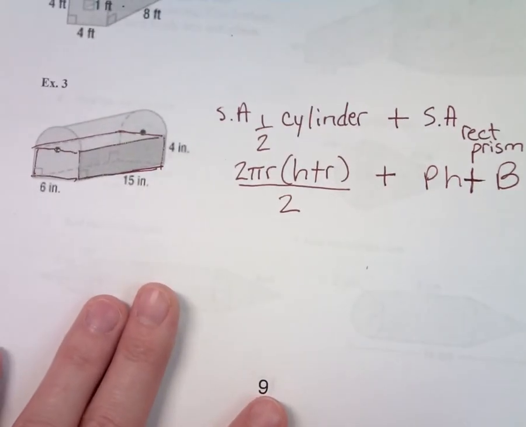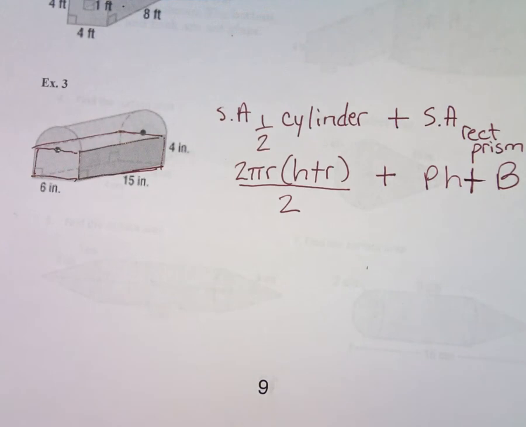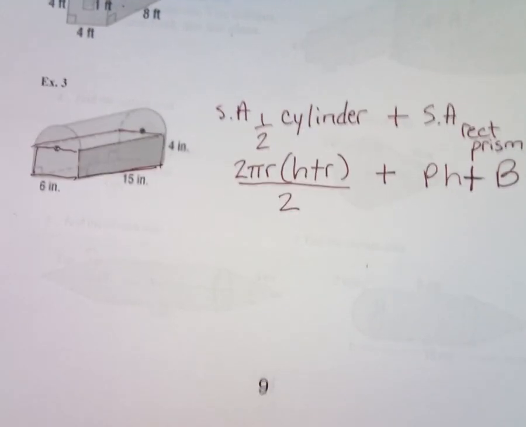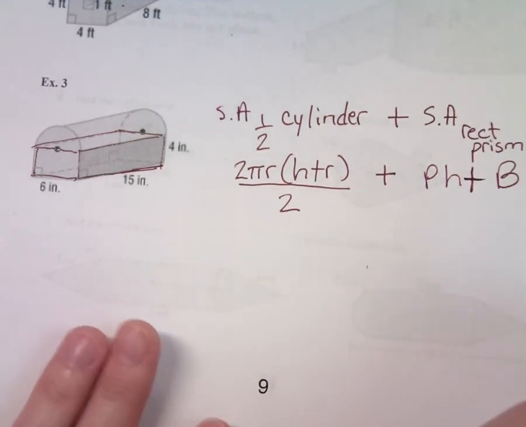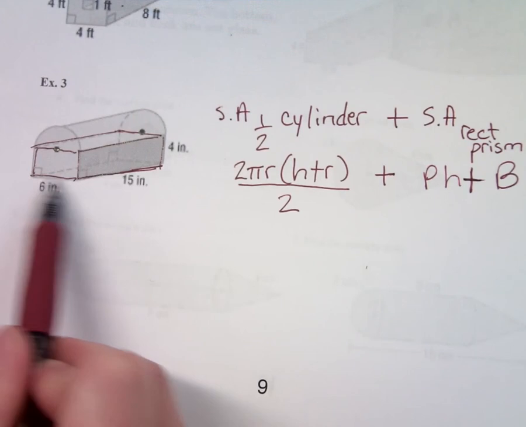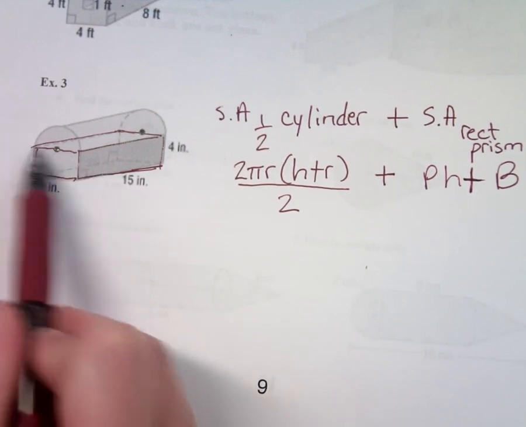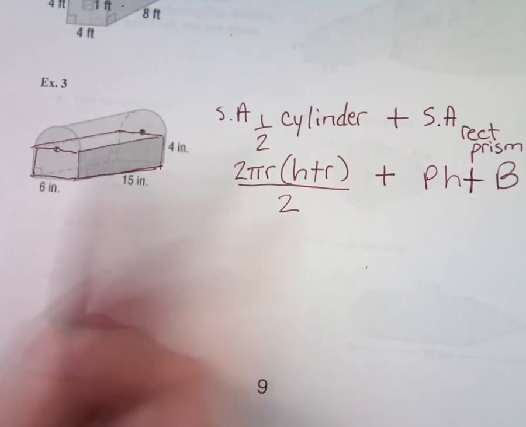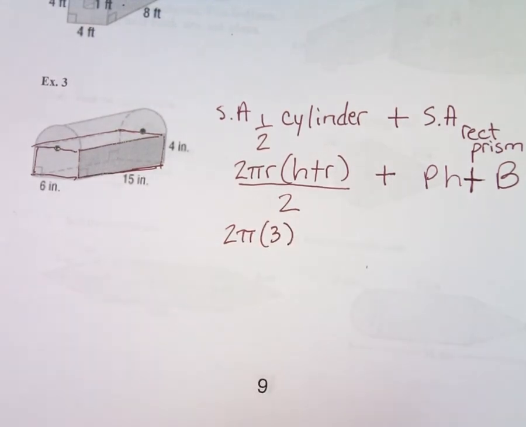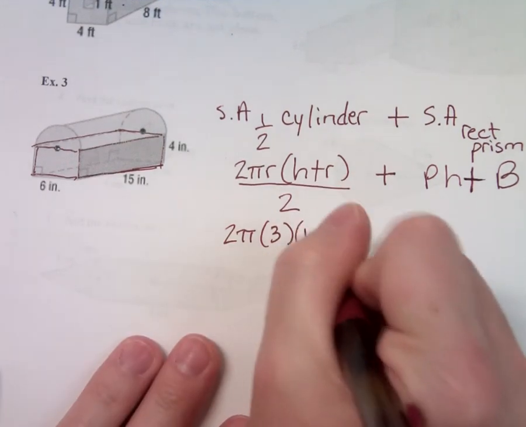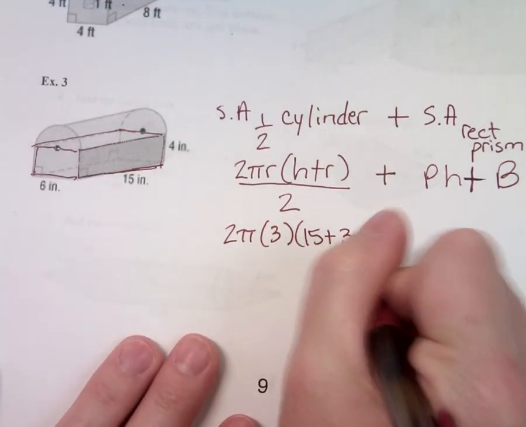Okay, now let's see if we can plug in numbers. Let's start with the cylinder. Do you know what the radius of the cylinder is? 3. The radius is 3, because all the way from here to here is 6. If that's 6, that's the diameter, so the radius would be 3. So I'm going to put 3 in for r. And then how tall does the cylinder stand? 15. And the radius, once again, is 3.